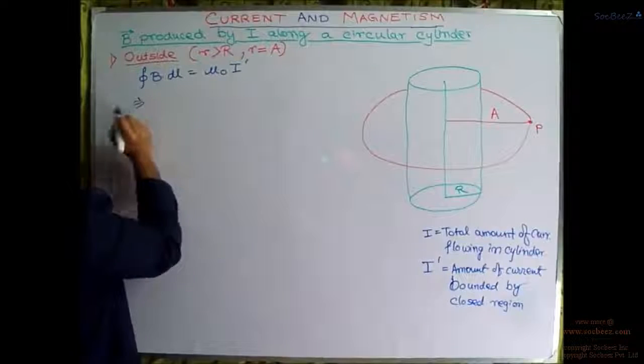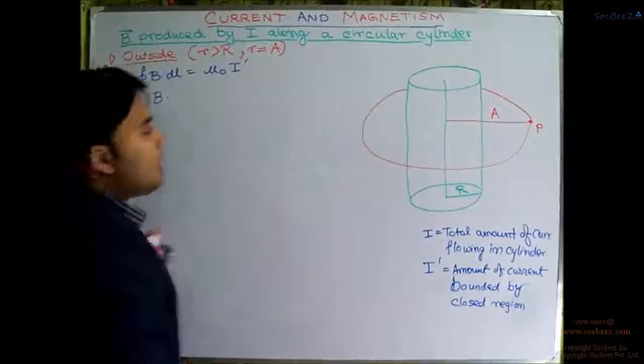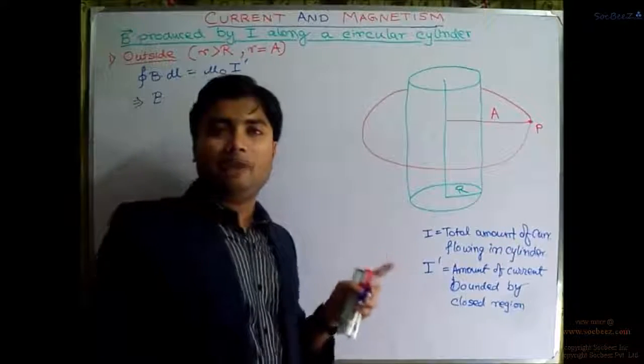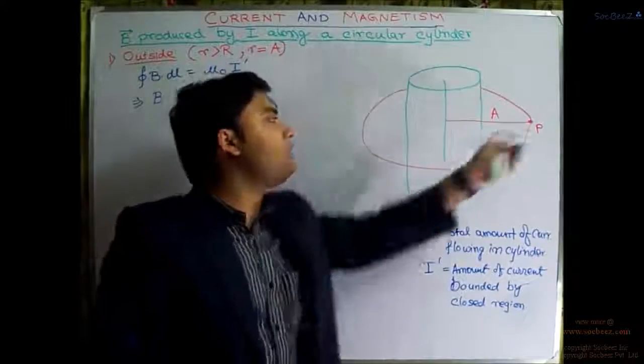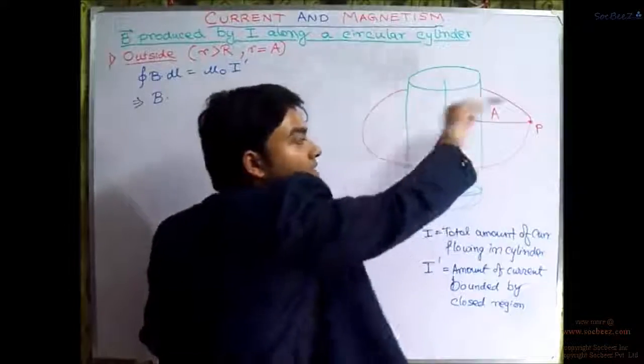So this will be simply equal to B multiplied by, now what will be the line integral of dl? The line integral of dl is basically equal to, as we have seen, the perimeter of this circle.